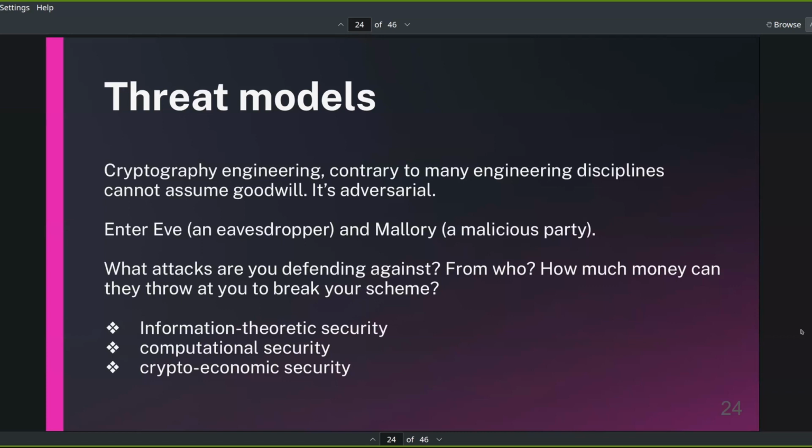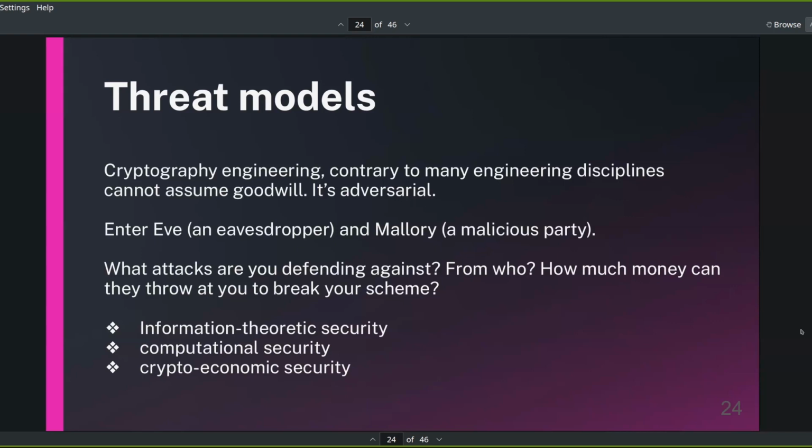You need to think of what kind of attacks you want to defend against, from whom. Are they local in your company, so is it an internal attacker? Is it someone from the outside? Is it NSA? Do they have billions to break your scheme? Maybe you don't try to protect against those.